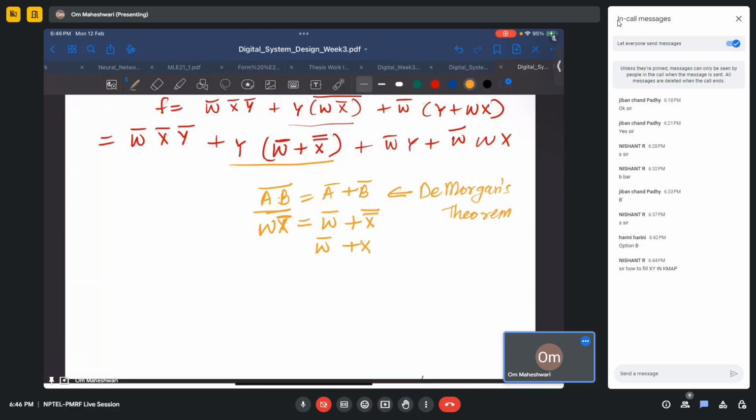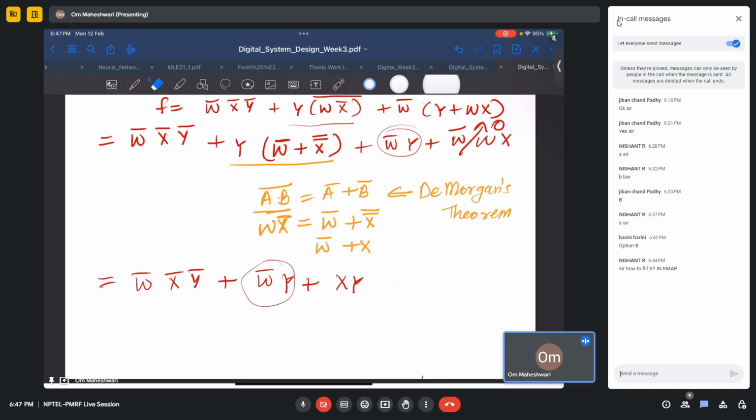Now if we move ahead, we have w bar x bar y bar plus w bar y plus xy. This w bar y is already here, so I won't write it again, and this w bar w will be 0.